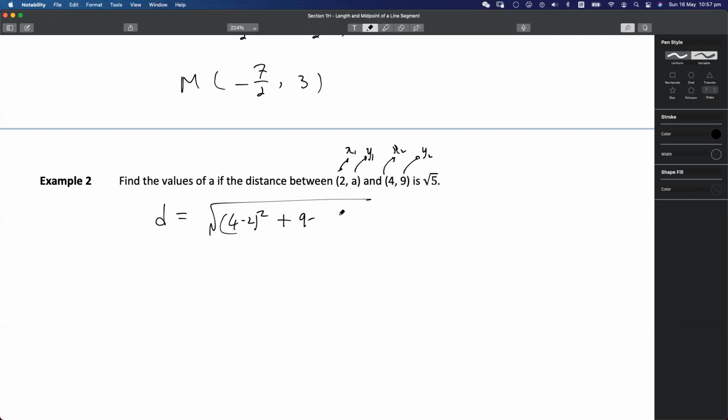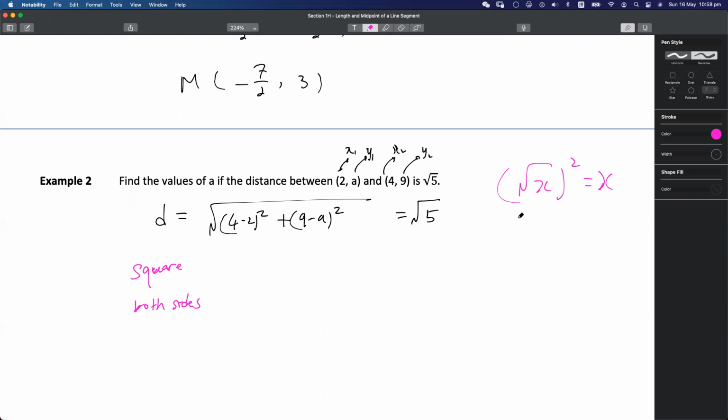Here I can't just calculate it because my y1 is a, so I'm just going to use (9 minus a) squared. And the distance given is root 5. To solve that, I just need to square both sides to get rid of the square root sign, because the square root of x, squared, is going to be x.